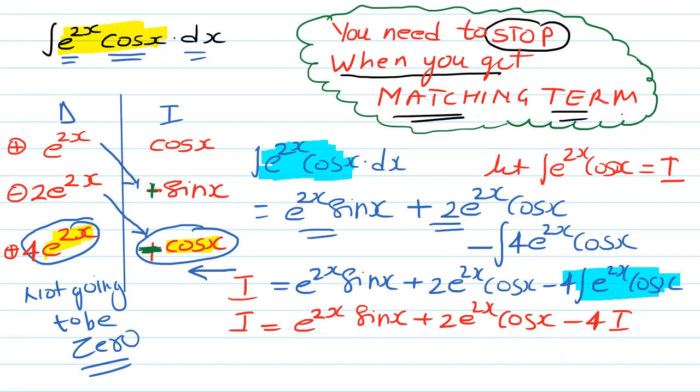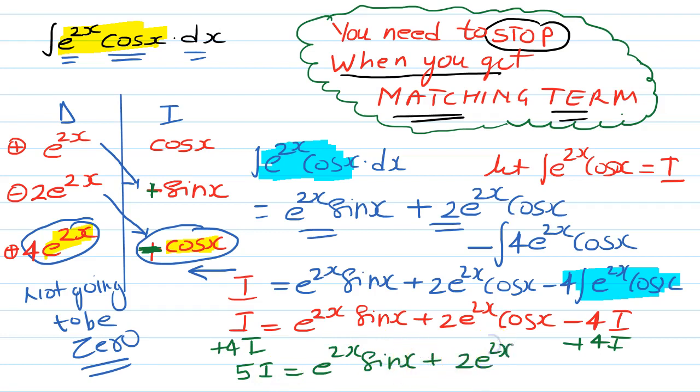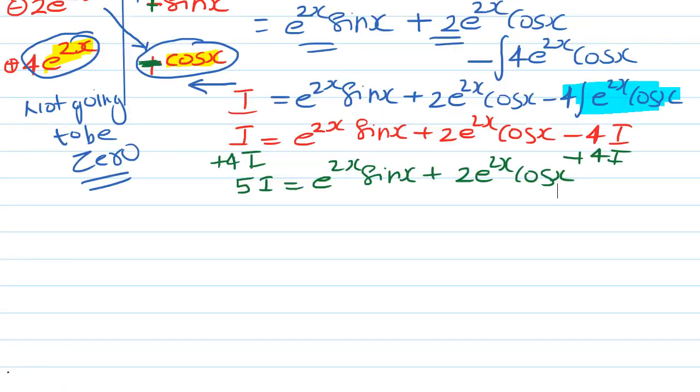So if we do plus 4I both sides, plus 4I here and plus 4I here, what we will get is 5I here, and it will be e to the power 2x sin x plus 2 e to the power 2x cos x. Okay, nice and easy. So our final answer is that it is equal to 5I.